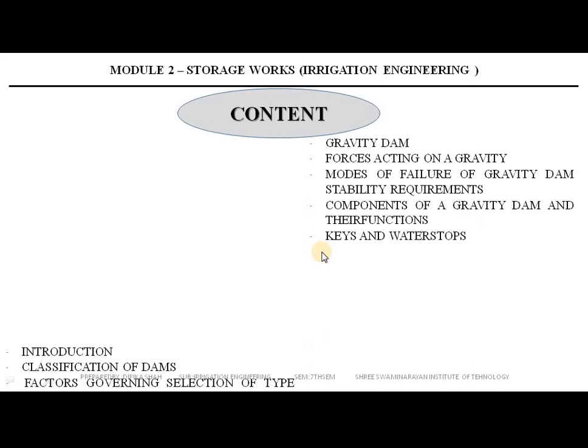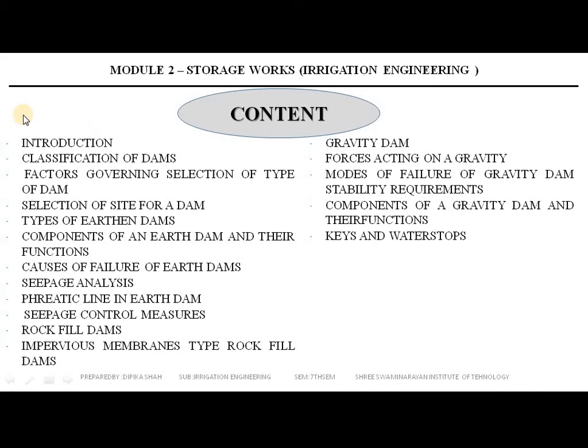In module 2 we have already studied the introduction of storage works, the introduction of dams, what is a dam, and the classification of dams. We have also studied the factors governing the selection of a type of dam. After that we studied the selection of a site for the dam, right?